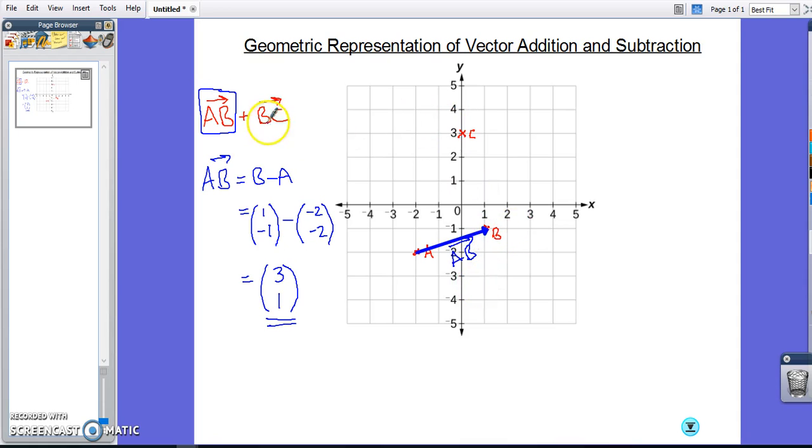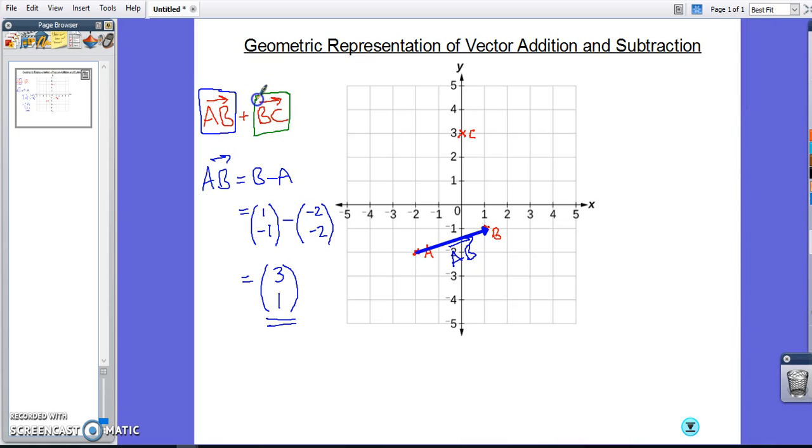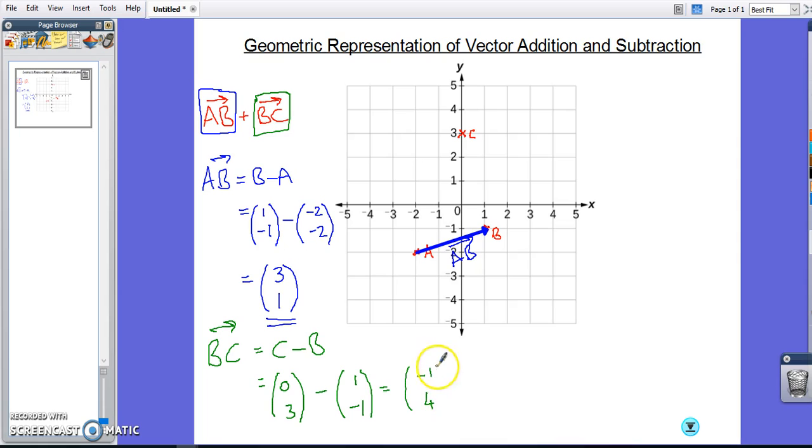And we can figure out the vector BC in a similar way. And I'd encourage you to do that as an exercise, and I'll just show you down here. So the vector from B to C is equal to C minus B, the coordinates of C minus the coordinates of B. Coordinates of C are 0, 3. Coordinates of B are 1, negative 1. So minus 1, negative 1. And we get here 0 take 1, negative 1, 3 plus 1 would be 4.